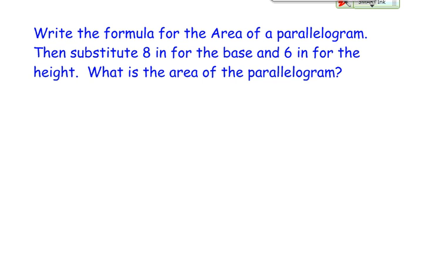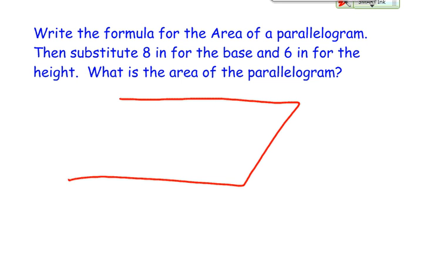Let's try another one. It says write the formula for the area of a parallelogram. So we're not just dealing with perimeter, we're also going to deal with area. Here's our basic shape.